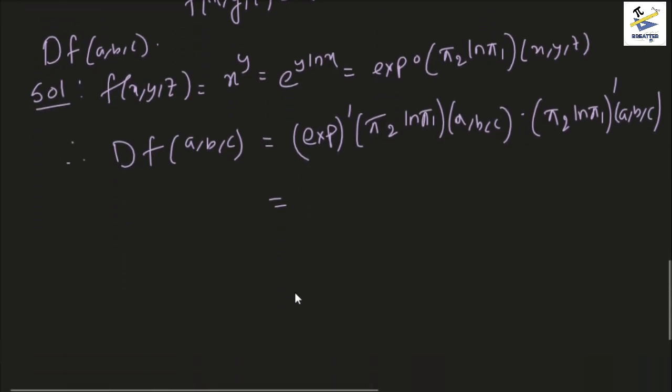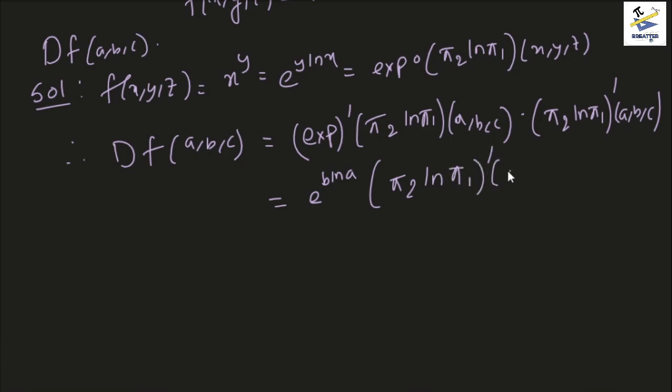This would give us, since the derivative of exp is just exp, it's basically e, and if you put in the values of (a, b, c), e to the power pi 2 log pi 1 would become e to the power b log a, and what we are left with is this. We are left with pi 2 log of pi 1, prime at (a, b, c).